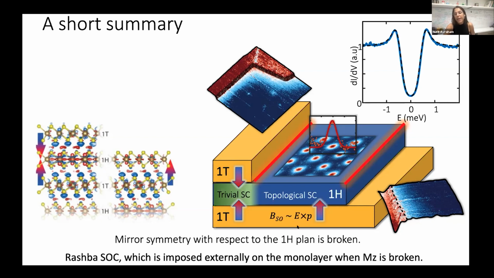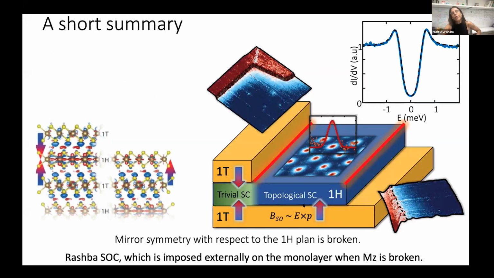This can also be considered as a Rashba spin-orbit coupling, because it gives rise to a perpendicular electric field, which behaves as a Rashba term just at the interface. And this is what breaks the mirror symmetry in this region, the mirror symmetry perpendicular to the plane of the 1H layer.